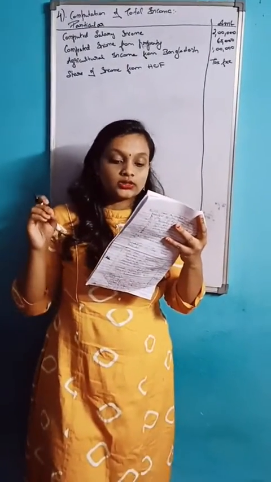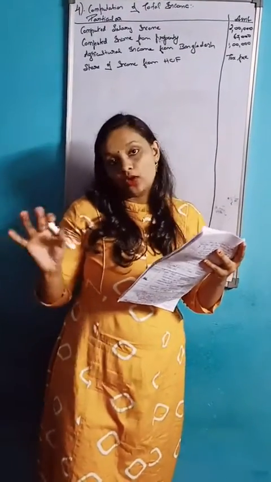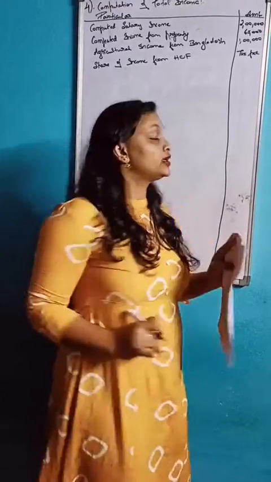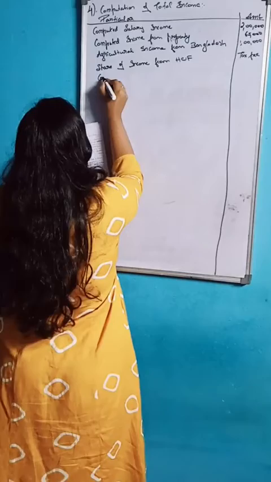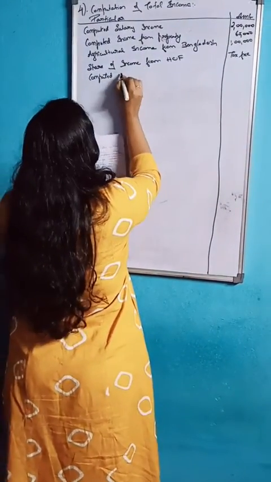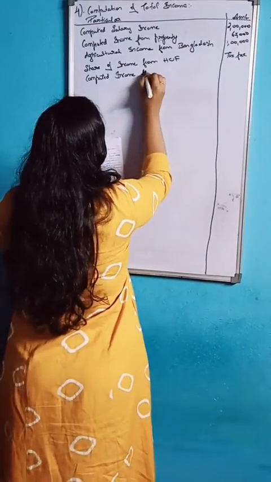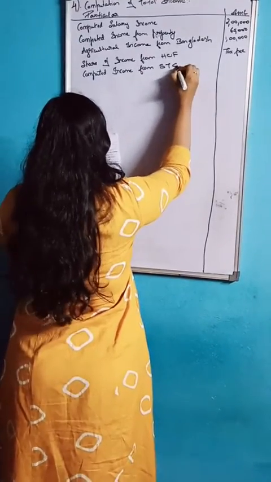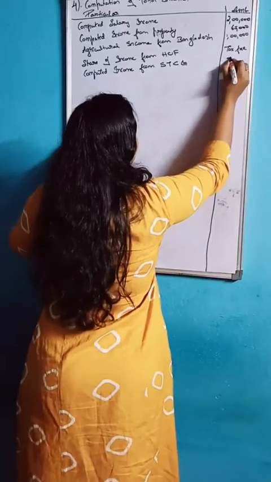It's a short-term capital gain, rupees 75,000. So you should write in the amount column 75,000. Computed income from short-term capital gain rupees 75,000.